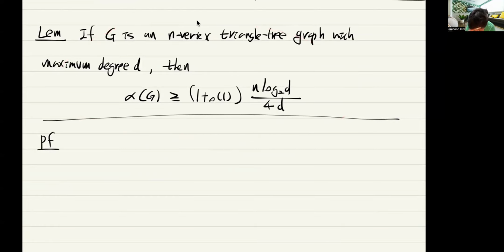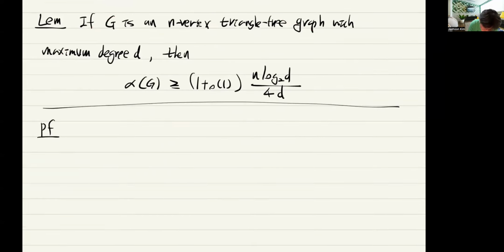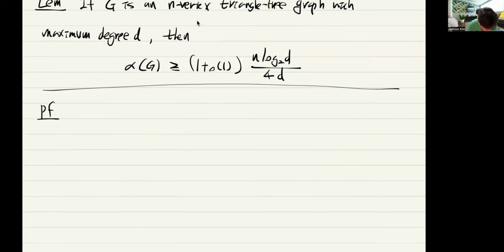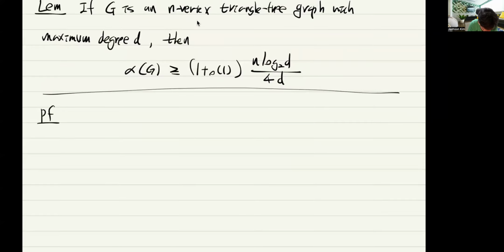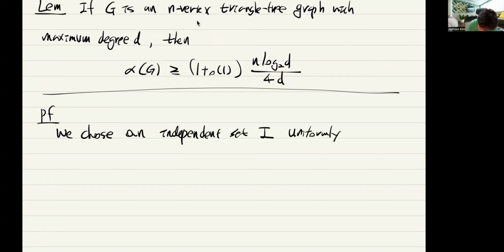But essentially, what it used is we will choose an independent set I uniformly at random from all independent sets.